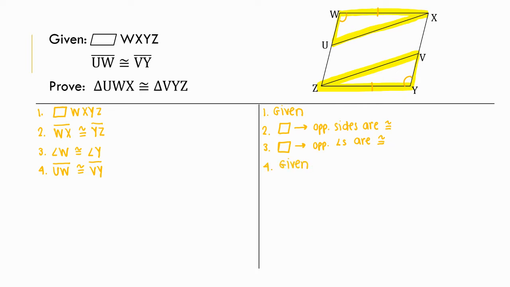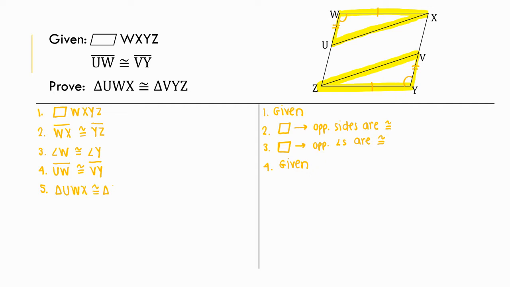If I mark that in my picture, UW, I'm going to give it 2 tick marks. VY, notice that gets 2 tick marks. And so then notice that the 2 triangles that I highlighted that I want to prove congruent have 3 things that are marked. So if we notice the markings, we do have enough information to go to what we're trying to prove.